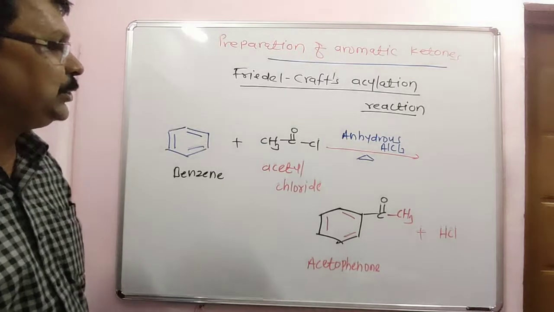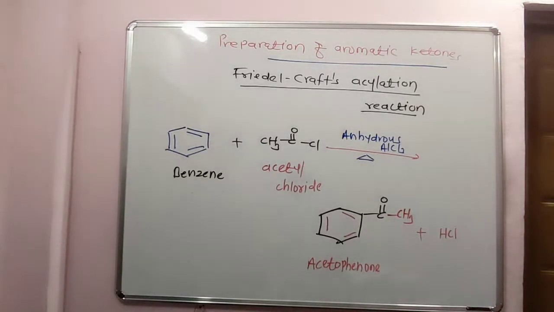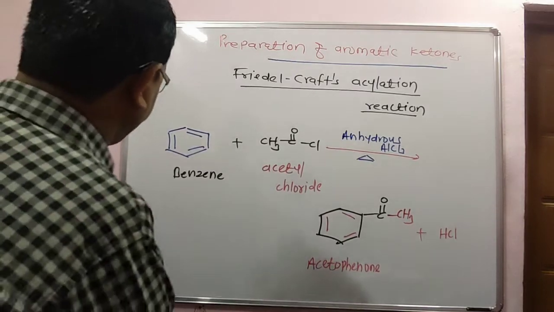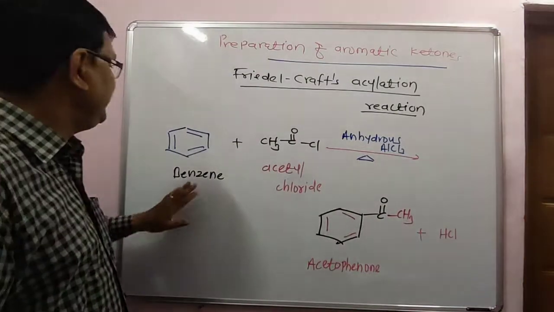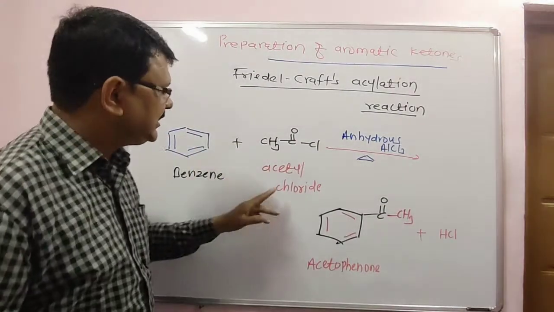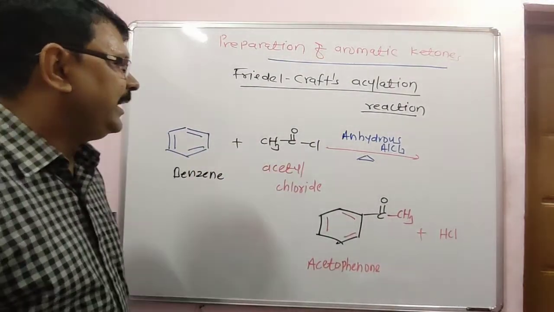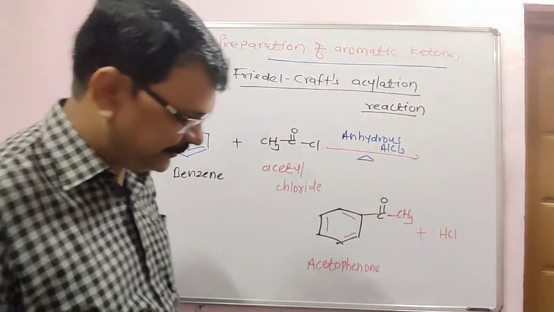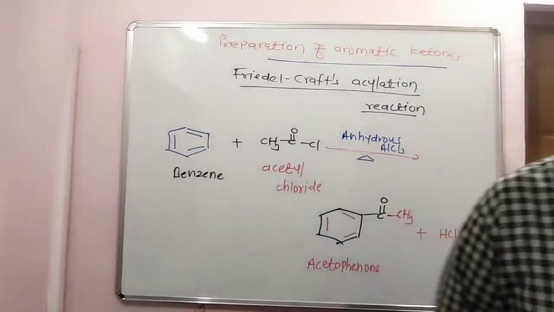It gives acetophenone. Repeat the answer: benzene is reacted with acetyl chloride in presence of anhydrous AlCl3, and it gives acetophenone.